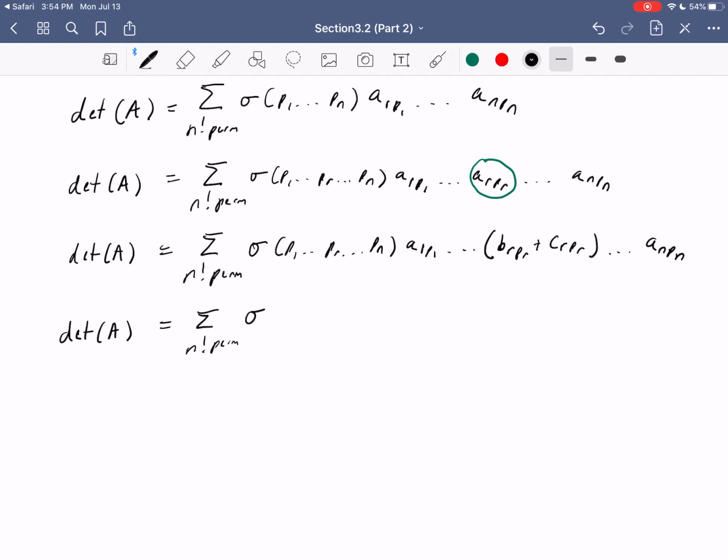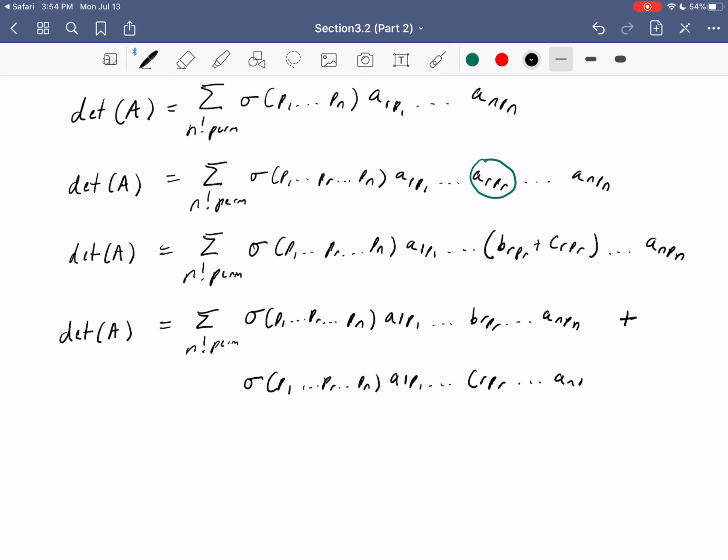So we actually have the sum of two separate things: the sign of P1 down to Pr down to Pn, A1P1 dot dot dot BrPr dot dot dot AnPn, and then plus the sign of P1 through Pr through Pn, A1P1 dot dot dot CrPr dot dot dot AnPn.